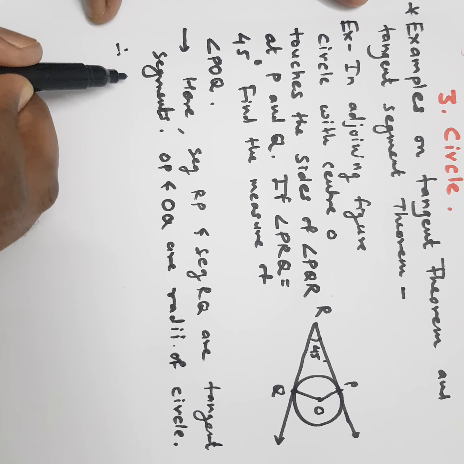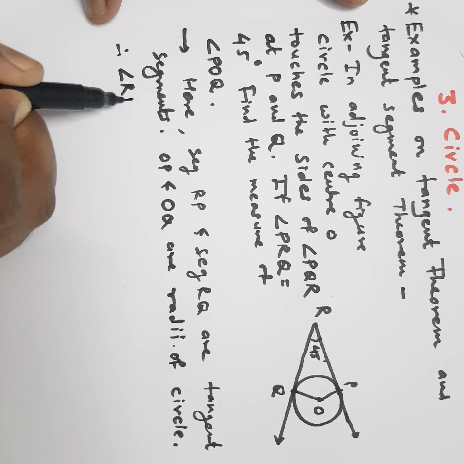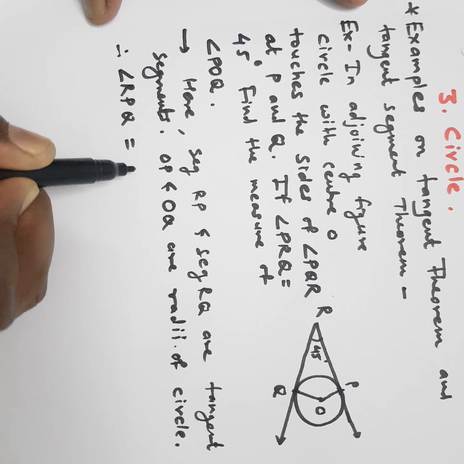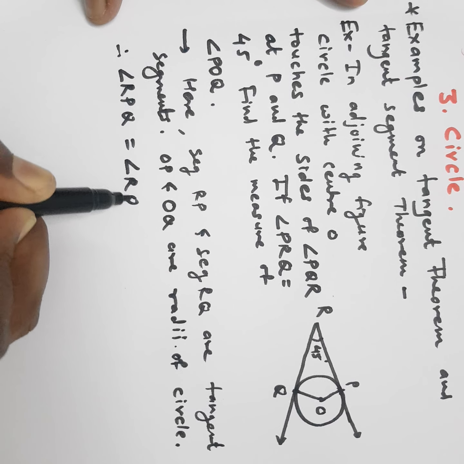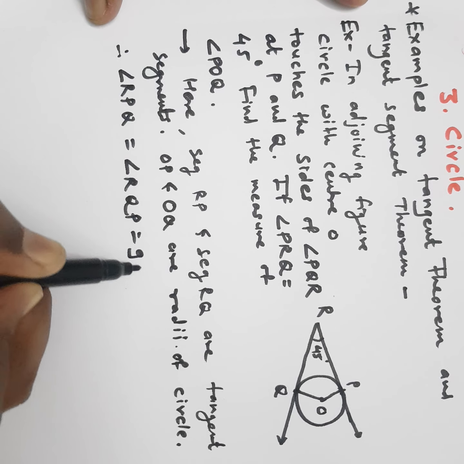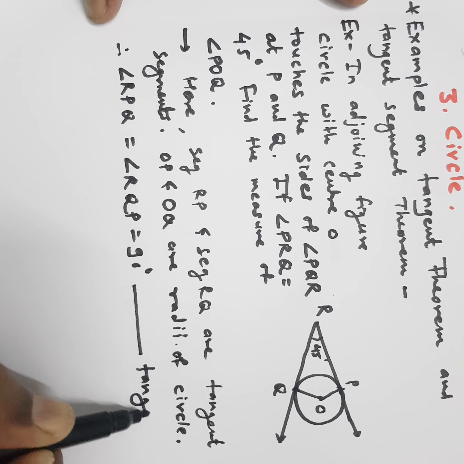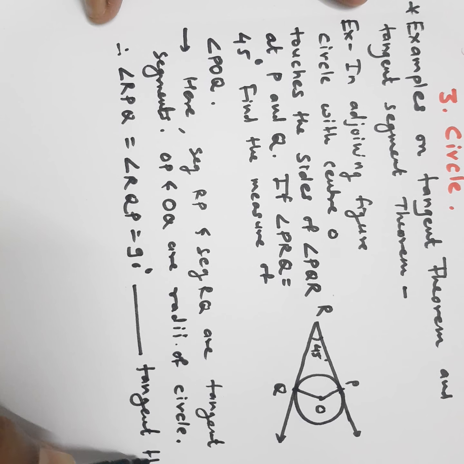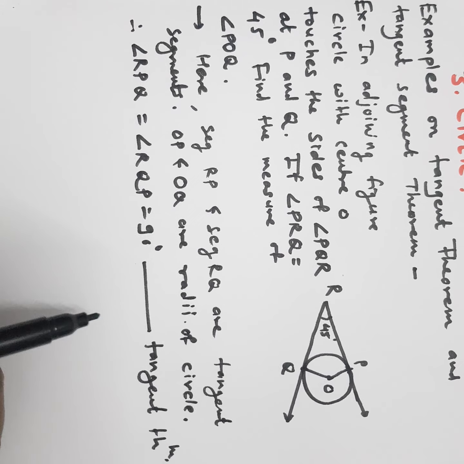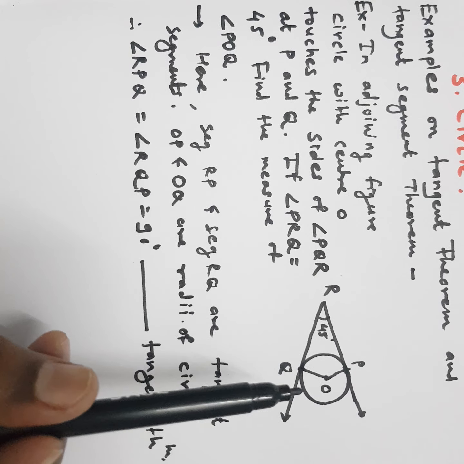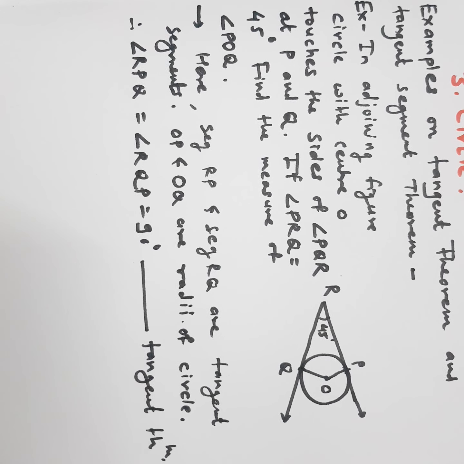Therefore, angle RPO is equal to angle RQO is equal to 90 degrees. It is the tangent theorem: the tangent is perpendicular to the radius at the point of contact.